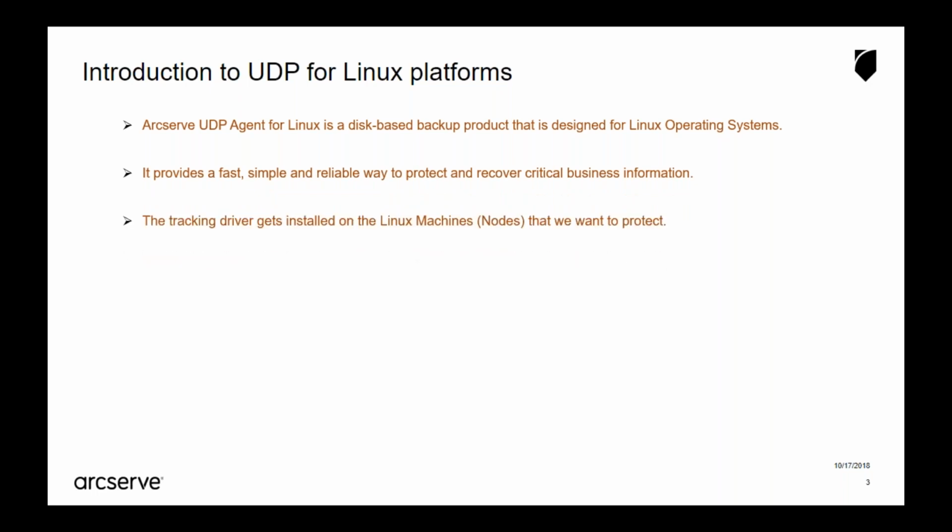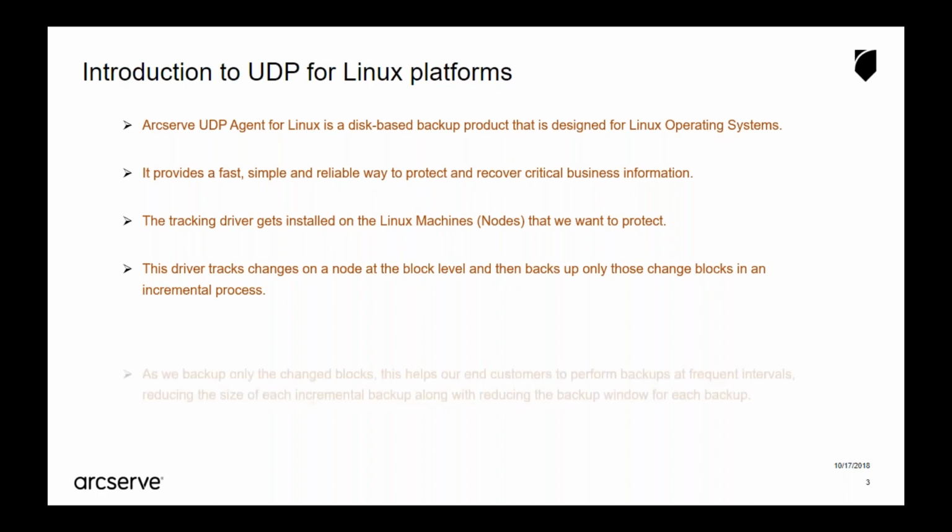How UDP works is that we install a change tracking driver on all the Linux nodes that we would like to protect. And this driver makes a note of all the changes that are done at the block level, and this helps us in backing up just the changed blocks, ensuring that we get good incremental backups.